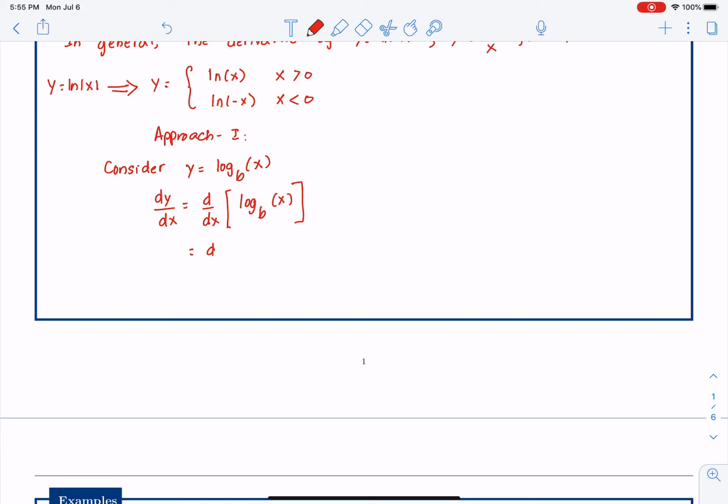But we know from one of the properties for any base, I could write the logarithm as ln of x over ln of b.